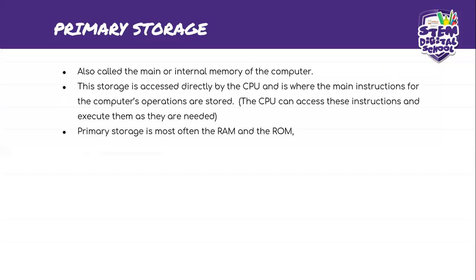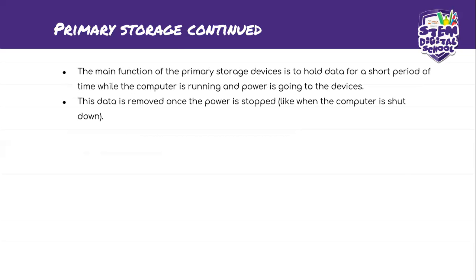While the CPU is accessing these instructions and executing them, this is where primary storage takes place. That's how you see primary storage taking place. So we said this data is removed once the power is stopped.